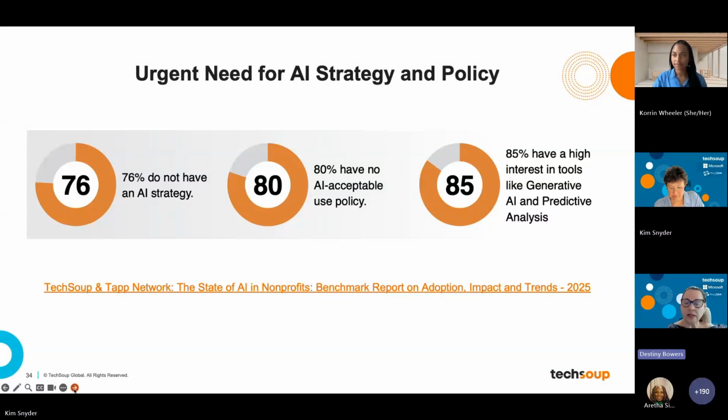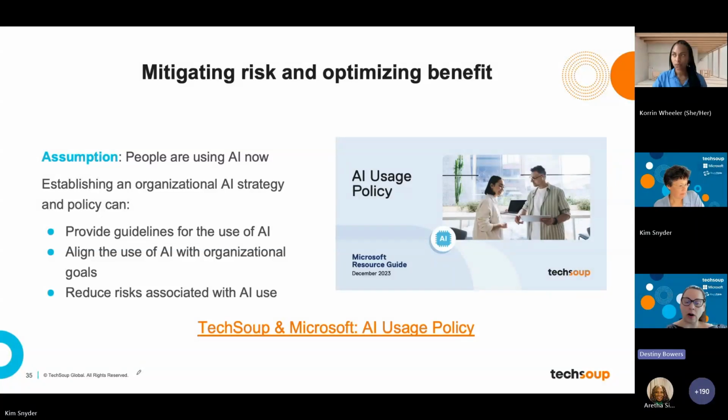And so on the next slide, if we think a little bit more about risk and benefit, this isn't necessarily just about what tools are safe to use, but it's also about where we have approved the use of the tool. We're okay with it being done for helping streamline communication, but maybe we are not okay with it generating images for our organization to use.